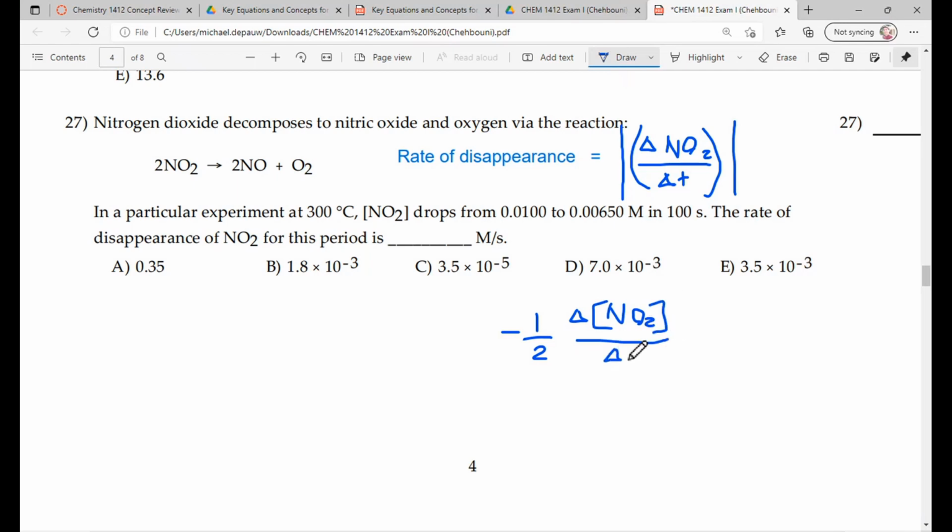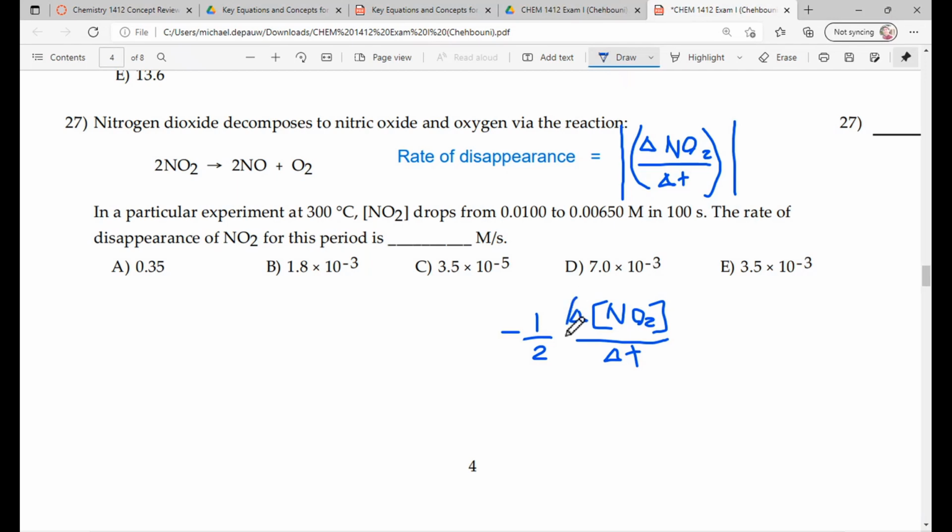And the reason why you put the 1/2 is so that when you express the rate of reaction, you always do so in terms of the fraction of the coefficient. That's why you put everything on the same level, because if it's 2 NO2s for every 1 oxygen, then NO2 is going to be reacting or changing twice as fast as oxygen, right? And you want to represent things all at the rate of reaction, they all change at the same pace. So you always do it in terms of the fraction of the coefficient.